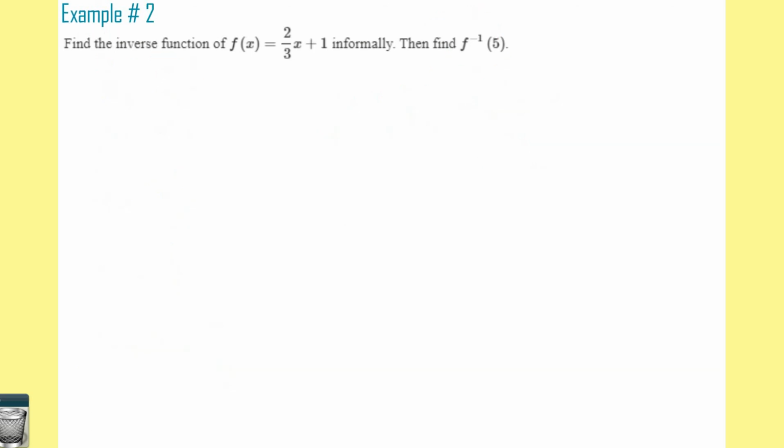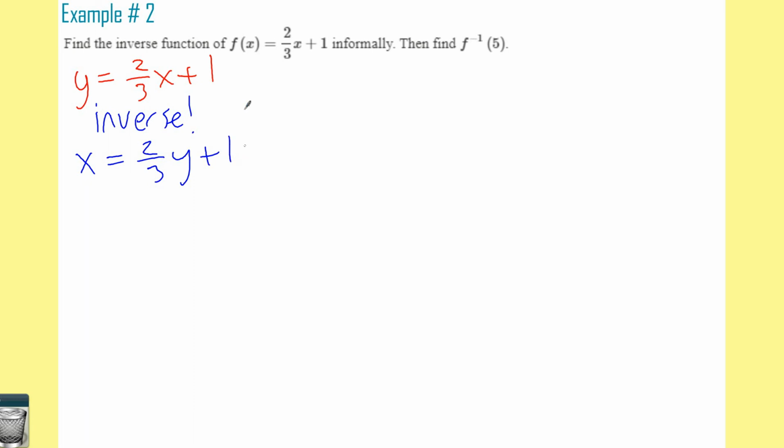Okay, so second example, find the inverse. So let's do this again. We're going to write it as y equals 2/3 x plus 1. Inverse. Change it around. x equals 2/3 y plus 1. Move the 1 over.